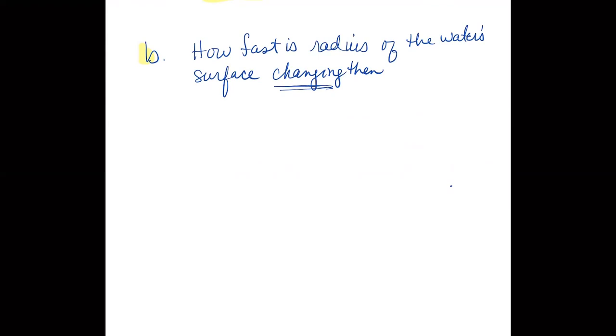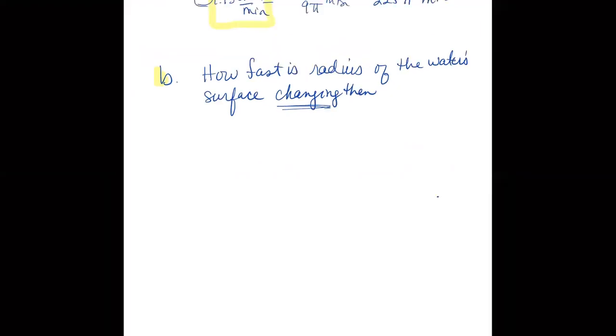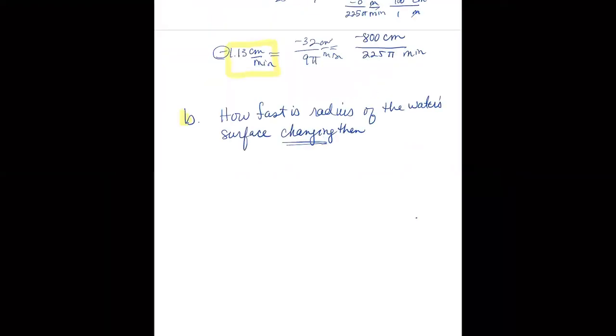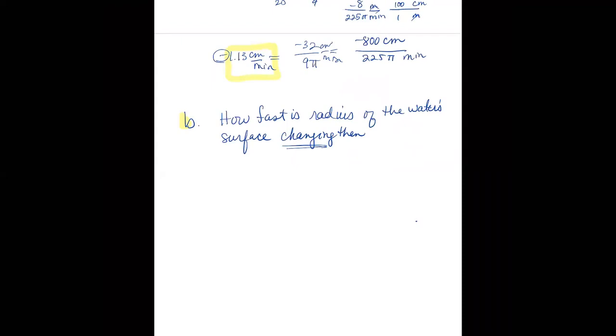Okay, they also want to know how fast is the radius of the water's surface changing at that moment. And I want to start from scratch. We know already a relationship between R and H. And R was 12.5 H. What we want to find, the rate at which the radius is changing, would be dr dt.